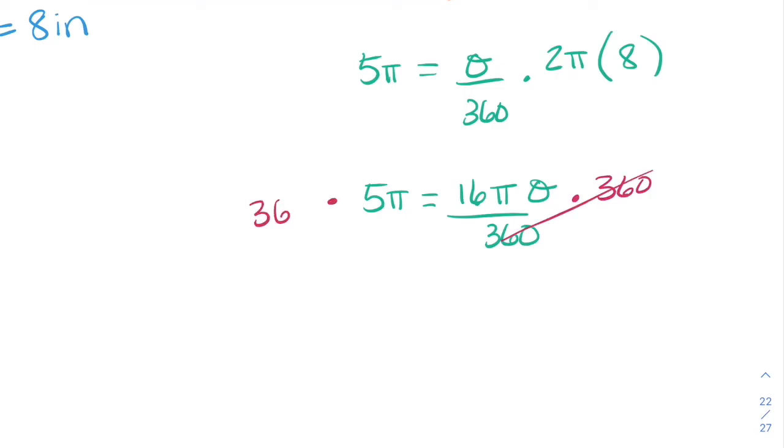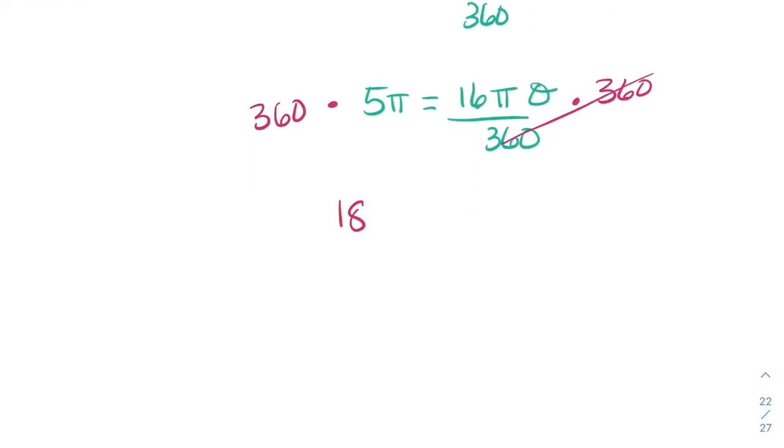Notice there's a pattern every time we're doing this. So 360 times 5 is 1800 pi. So we get 1800 pi is equal to 16 pi times theta. Last step is to divide both sides by 16 pi.